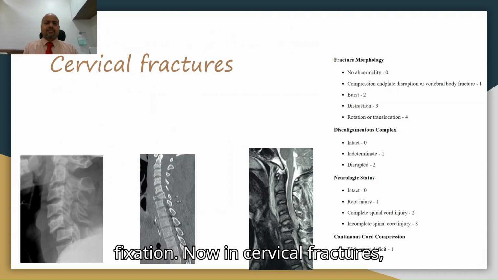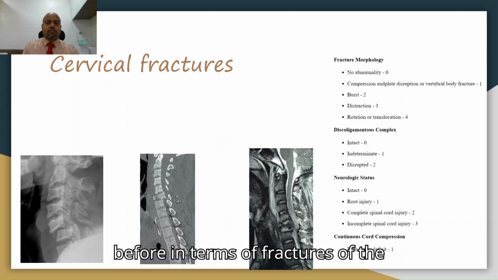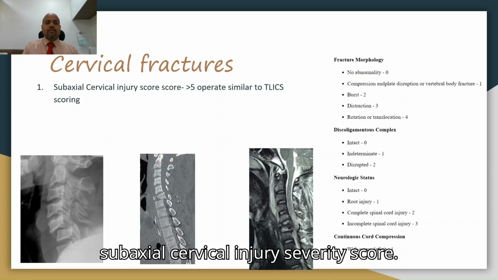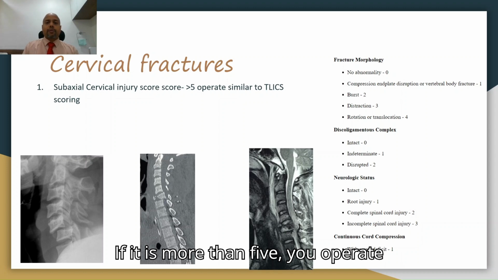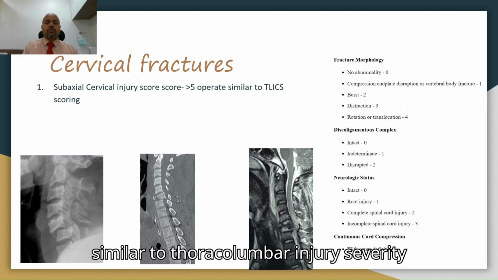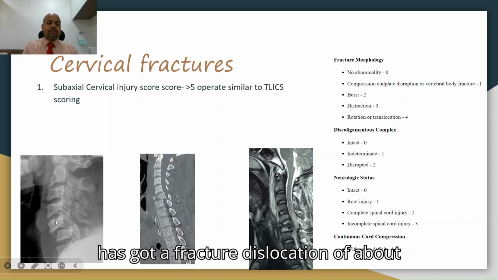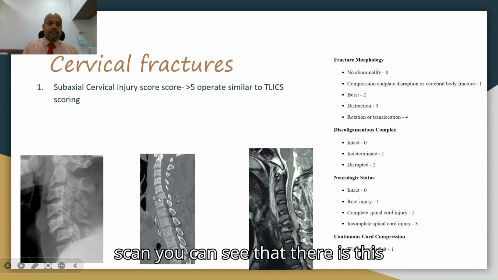Now in cervical fractures, these are similar to what we discussed before in terms of fractures of the thoracolumbar region. So there is a subaxial cervical injury severity score. If it is more than 5, you operate, similar to the thoracolumbar injury severity score. Here you can see that the patient has a fracture dislocation of about C4, C5, and additionally on CT scan you can see that there is a fracture of the anterior part.